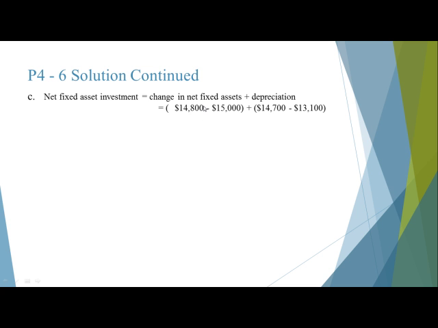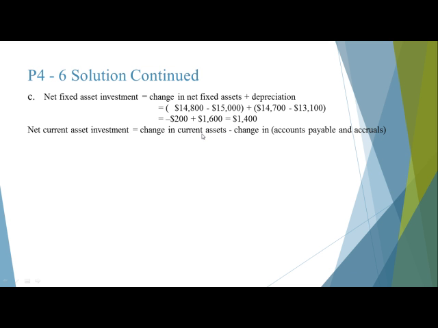So the difference is the change in net fixed assets, plus 14,700, which is the accumulated depreciation in 2012, minus 13,100, which is the accumulated depreciation in 2011. So the net fixed asset investment is 1,400.